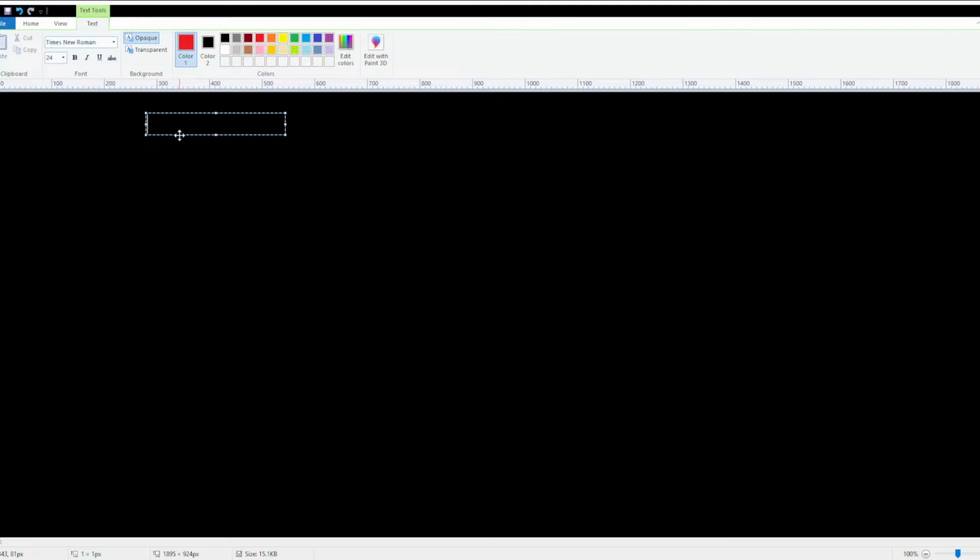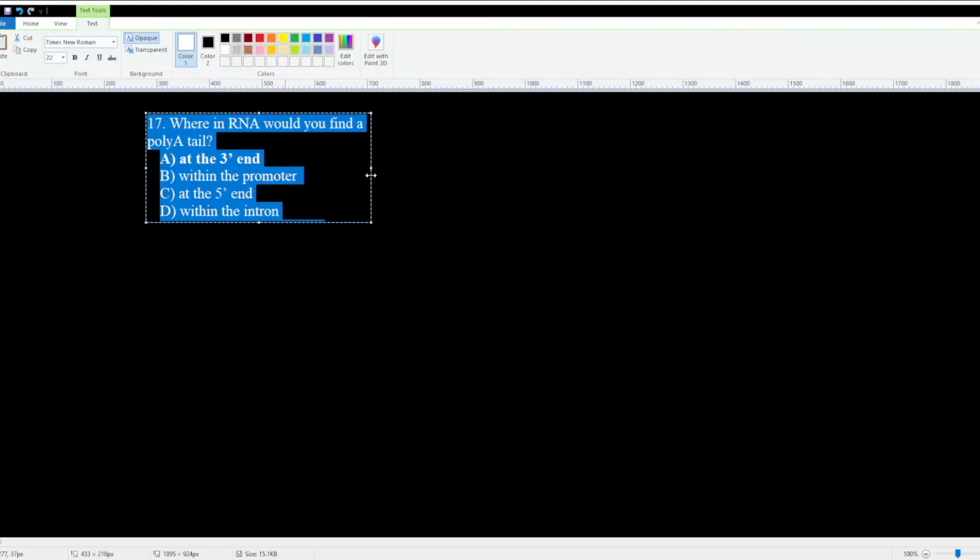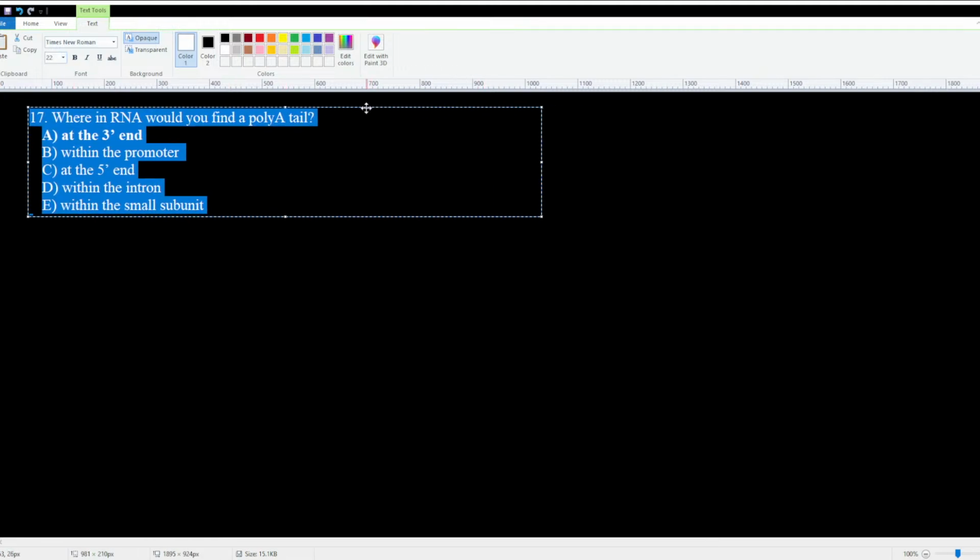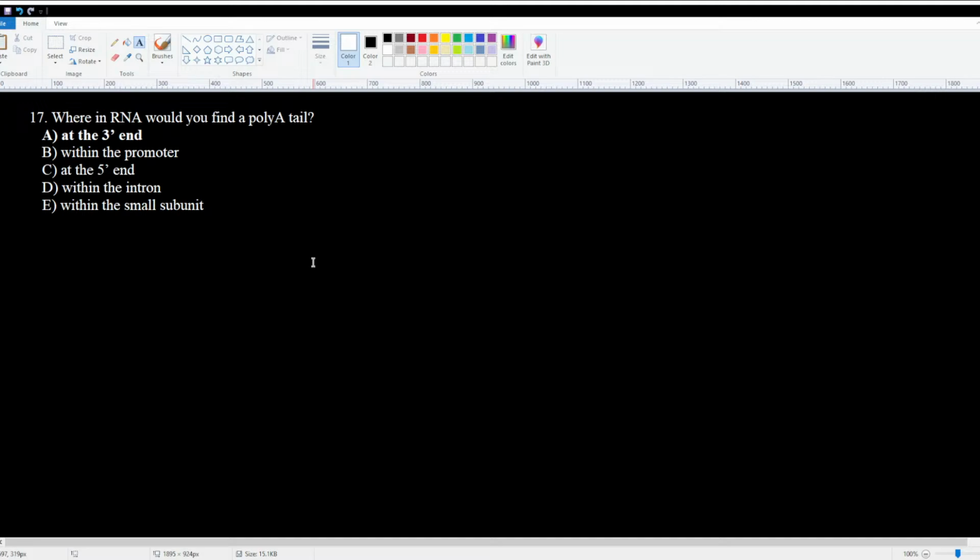So then moving on. Number 17 is asking, where in the RNA will you find a poly A tail?